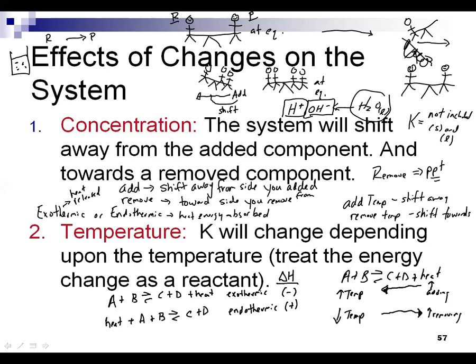If you increase the temperature in an endothermic reaction, it would shift to the right. If we decrease the temperature in an endothermic reaction, it would cause it to shift to the left.